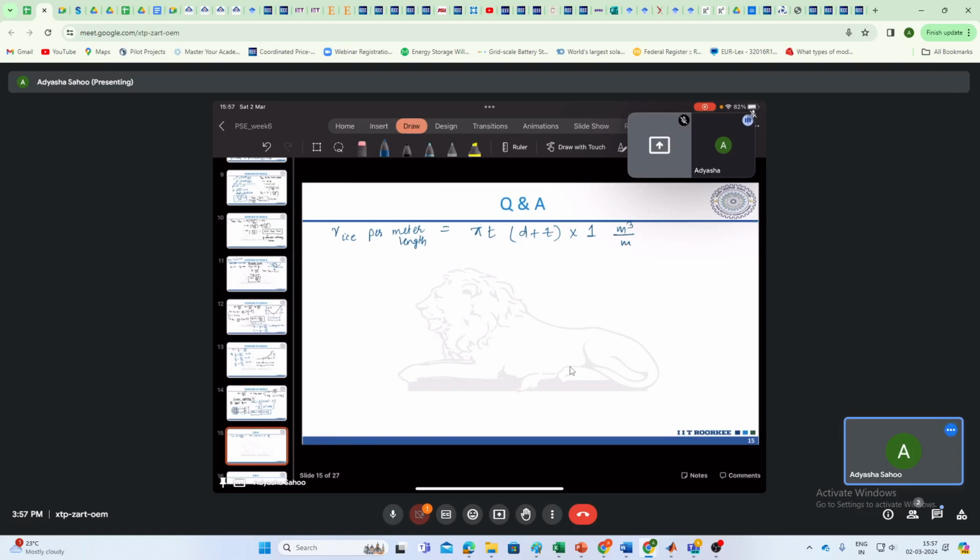And if you wish to calculate weight of ice per meter, that will be pi t (d plus t) into the weight density of ice. So this is in kg per meter cube.